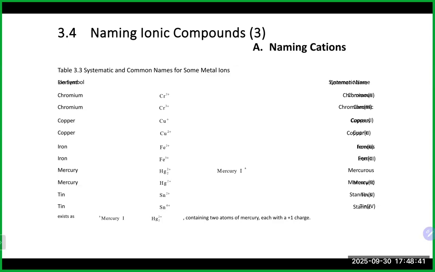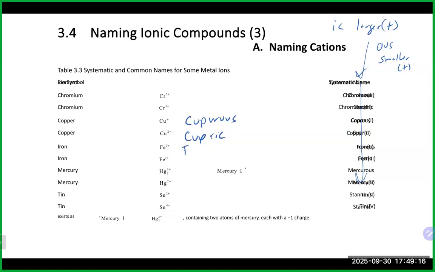There is an older school naming system, which I think you have in your book, where they don't use Roman numerals, and they use ic or ous as the ending. Ic is the larger positive charge, and ous is the smaller positive charge. They also use more of an old school type name. For example, copper 1 would be cuprous, and copper 2 would be cupric.